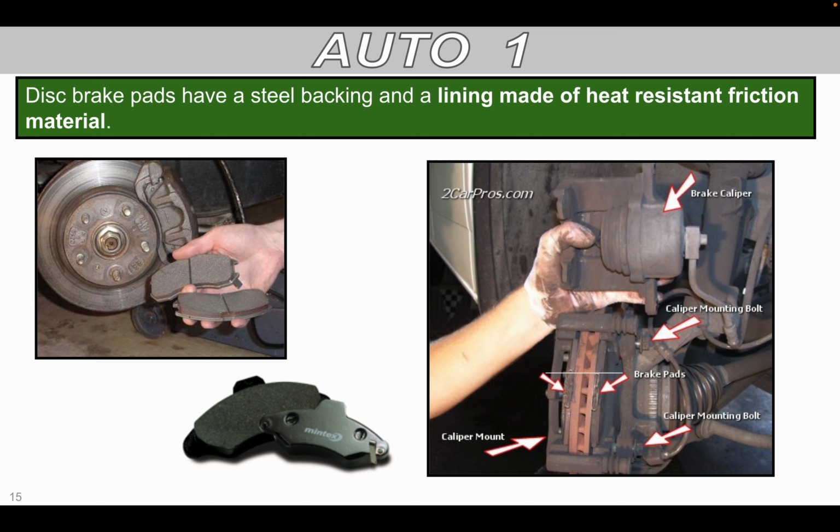Back in the day, we used asbestos. Not good. It's horrible because this stuff turns into brake dust, and if you breathe that in, it is known to cause cancer. So it's not very healthy. So we've transitioned from asbestos over to semi-metallic or ceramic brake pads.